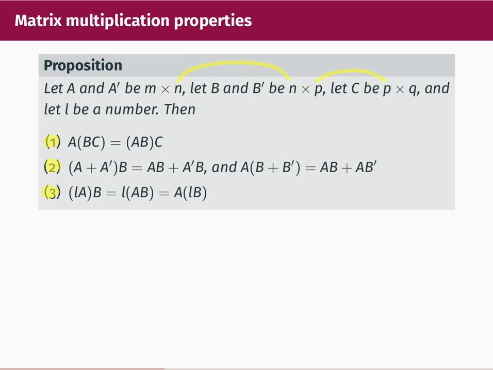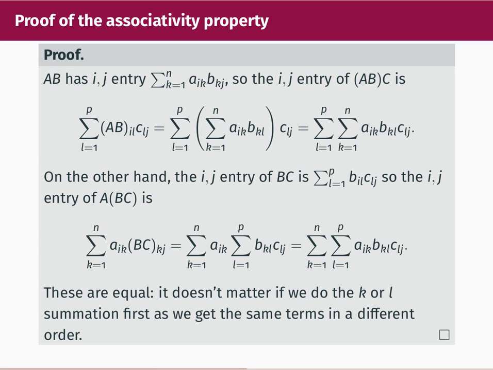This third property says that L times A times B and L times A times B and A times L times B are all equal to one another. I'm not going to prove properties 2 and 3. If you'd like to see proofs of those, you can find them in the online notes for 0007. I will do a proof of property 1, the associativity property, on our next slide.